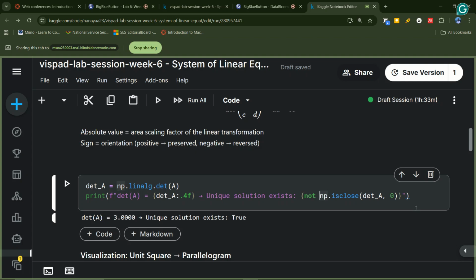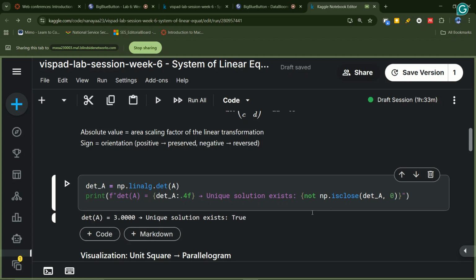First of all, it's trying to print the determinant of A to 4 decimal places. So that is what they did here initially: det_A, then colon .4f. It printed the determinant of A to 4 decimal places.